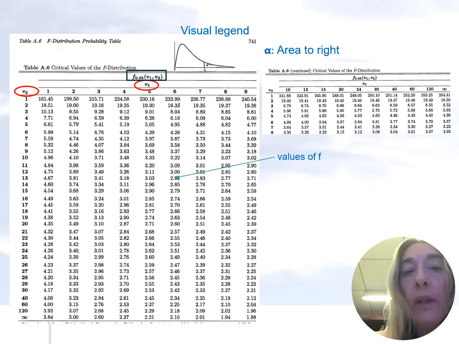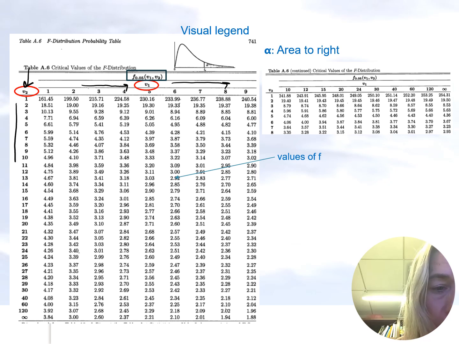So this is one of the F probability tables in the back of your book. It differs somewhat from the table of critical values for the chi-square distribution, and the reason is that we now have two different values for nu, or two parameters, nu1 and nu2. Nu1 values are specified across the top of the table.